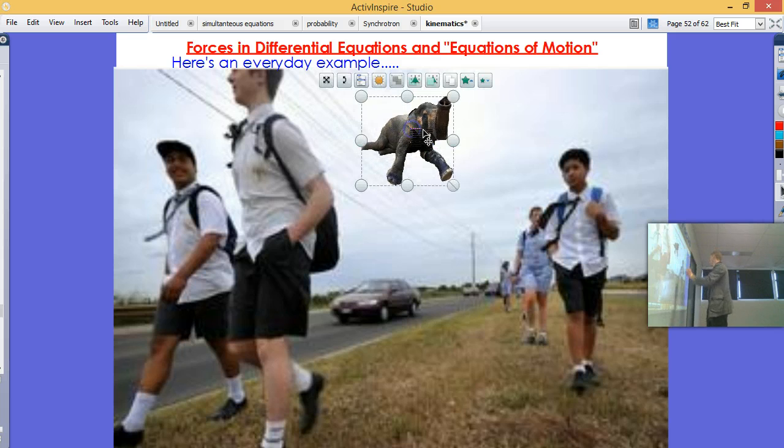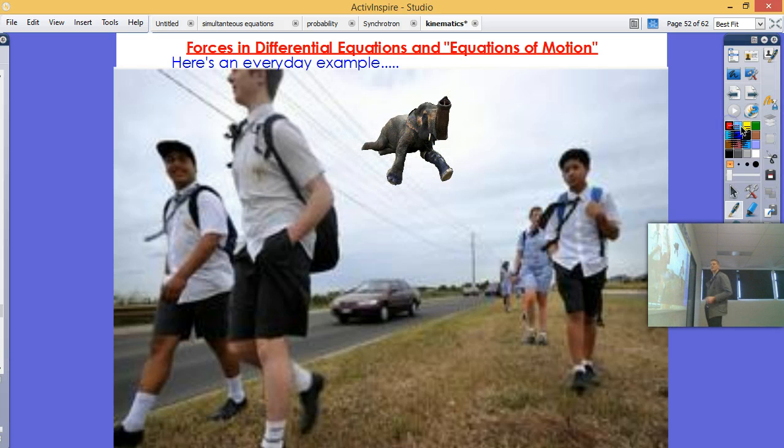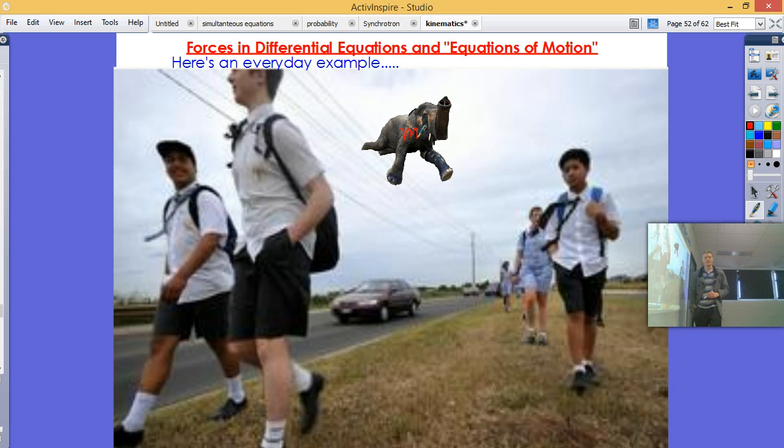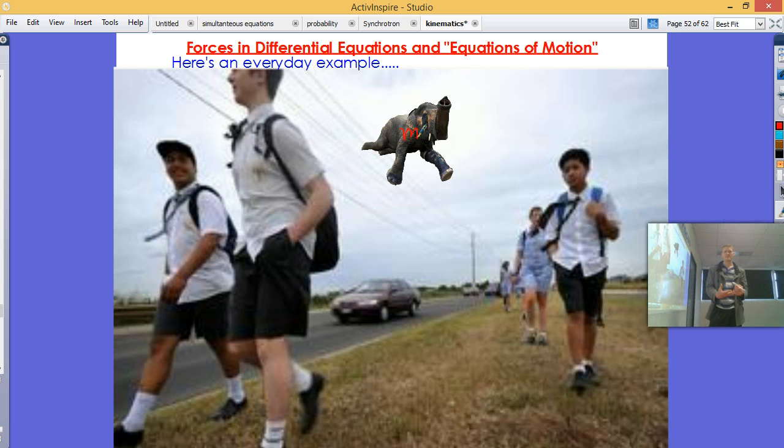What's happening to him? Well, he's got a bit of mass behind him, doesn't he? And anything that has mass that is falling in the sky, falling under a gravitational field, is going to experience a weight force, pulling it towards the ground. Okay, so there's the elephant's weight, mass times gravity.